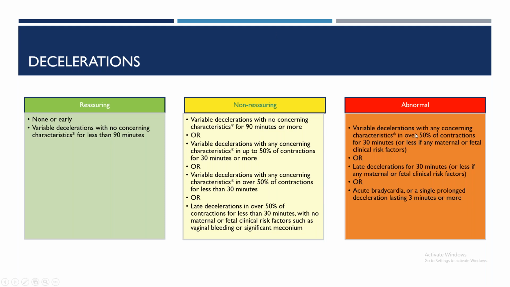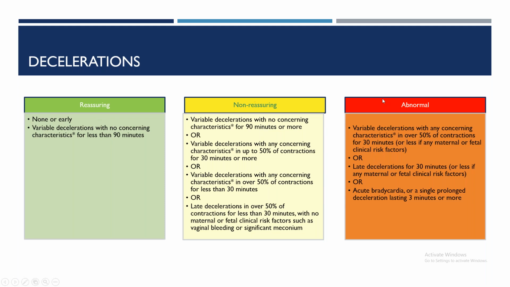So when these variable decelerations are present for more than 50% of contractions and for 30 minutes, it becomes an abnormal feature, or when it is associated with any maternal or fetal risk factors and they last for less than 30 minutes, it becomes an abnormal feature.